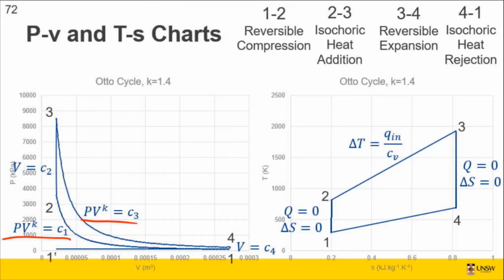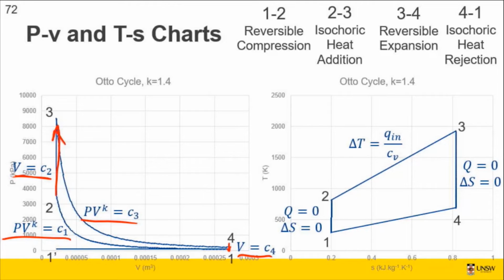And then at some volume equals some other number, we are adding heat, which means we must add pressure. So this is a PV diagram. And here we're rejecting heat, so we must lose pressure. And that gives us our PV diagram.